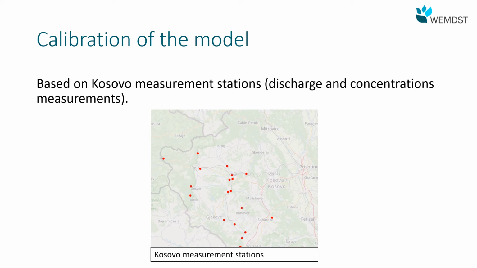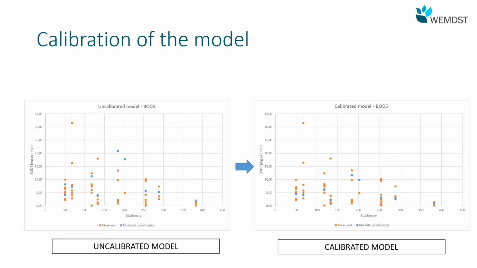The model itself was calibrated. It's based on Kosovo measurement stations. Why? Because in Kosovo we had both discharge and concentration measurements at the same time in the same place, so we could calibrate the model. You can see here how the calibration was processed, or the results of the calibration of the river network and the complete tool.